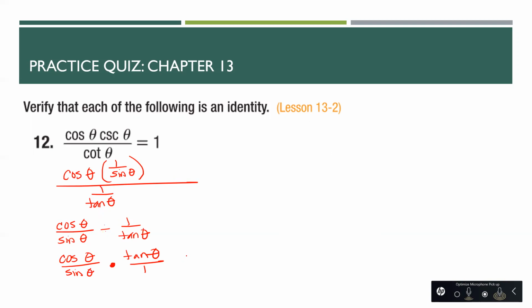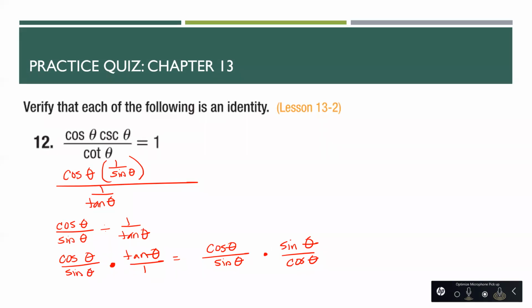So then this is equivalent to, I've got cosine of theta over sine of theta, and tangent of theta, by the quotient identity, is equal to sine of theta over cosine of theta. So I just rewrote tangent theta as sine of theta over cosine of theta, and I'm multiplying.